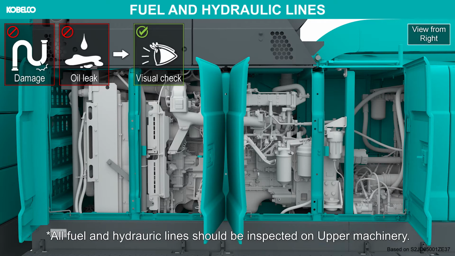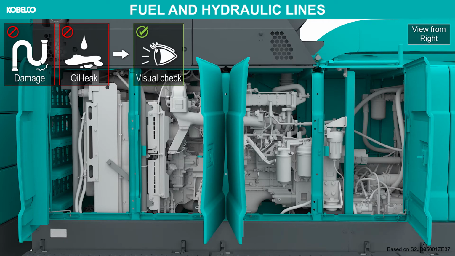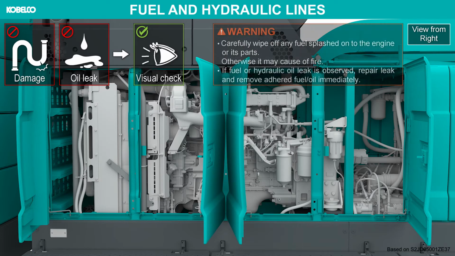All fuel and hydraulic lines should be inspected on upper machinery. Carefully wipe off any fuel splashed onto the engine or its parts, otherwise it may cause a fire. If fuel or hydraulic oil leak is observed, repair leak and remove adhered fuel oil immediately.